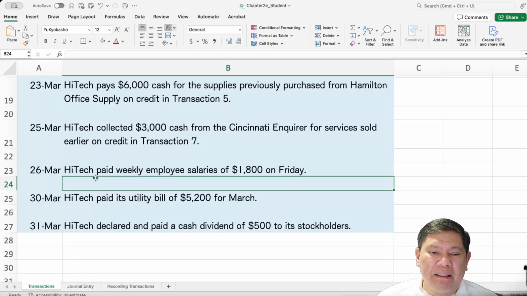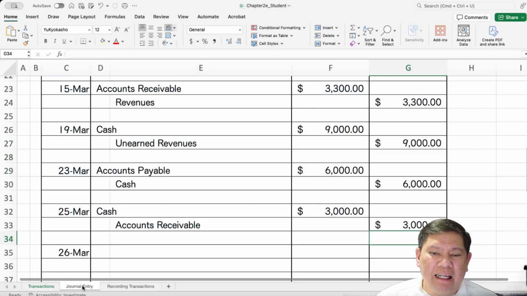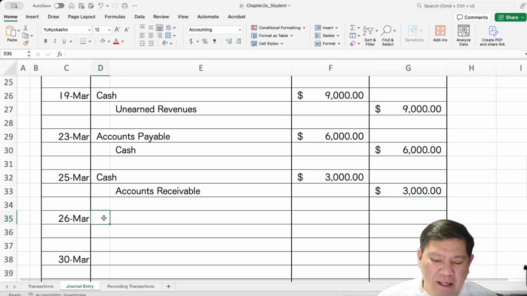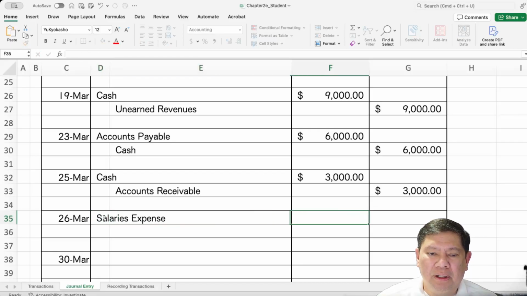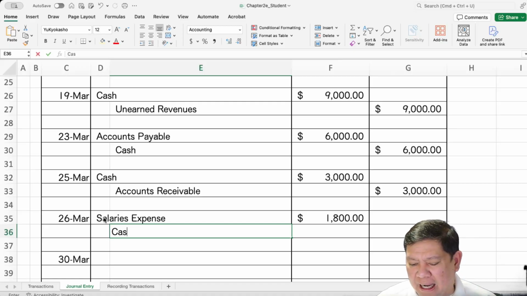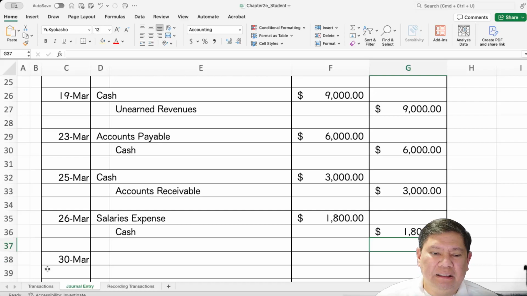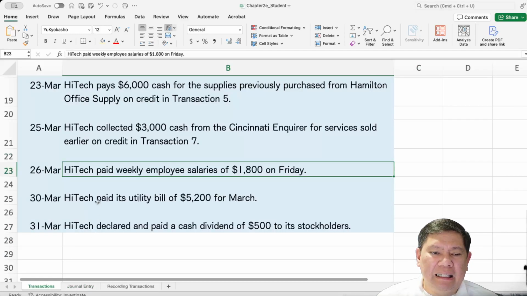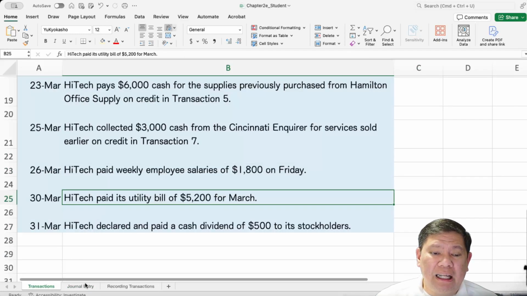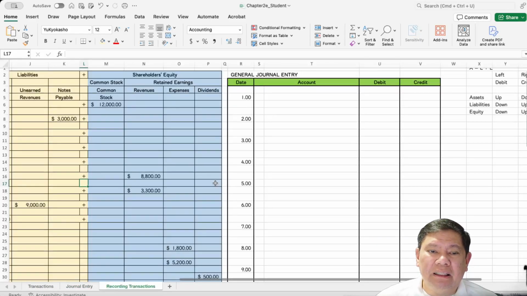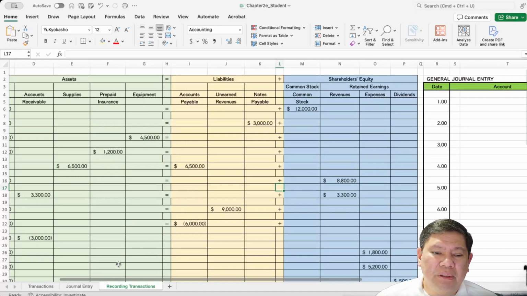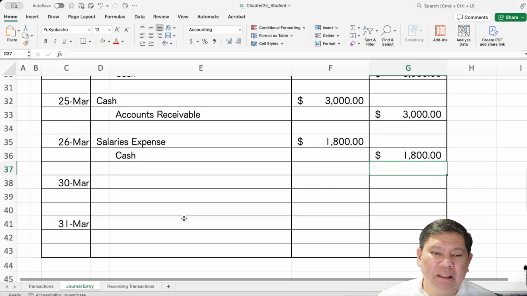March 26, paid weekly employee salaries. So we recognize salaries expense 1,800, and our cash goes down by 1,800. And then March 30th, paid utility bills 5,200. Let's see what it's called. There is no name for the account.